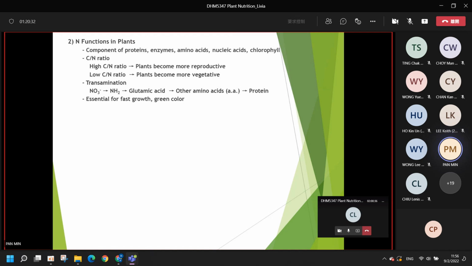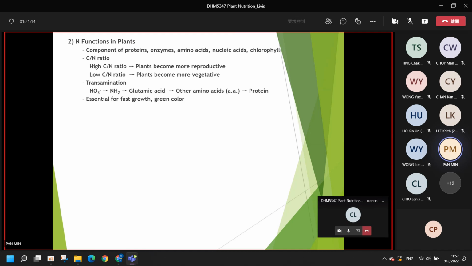C:N ratio means the carbon and nitrogen ratio. A high carbon to nitrogen ratio means that the plants will become more reproductive, and a low ratio means that the nitrogen concentration is very high, and more nitrate or nitrite is retained in the plants that cannot be effectively used by the plants. The plants can become more vegetative.